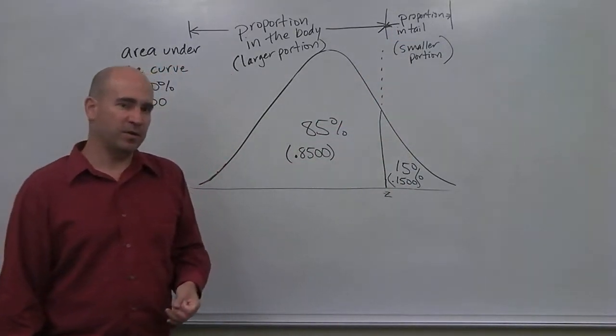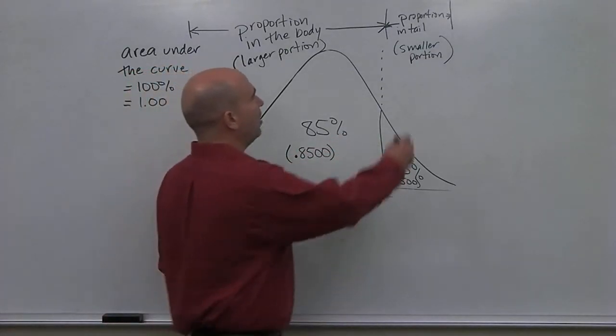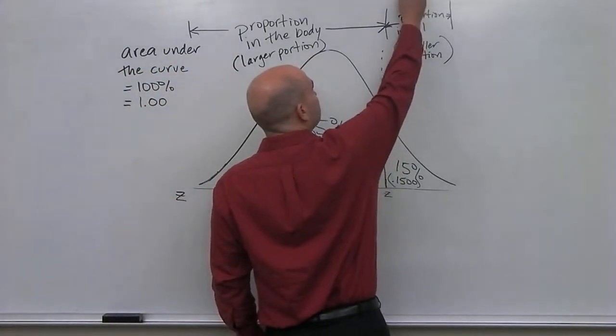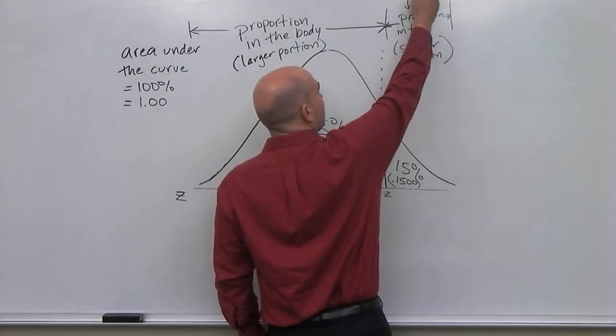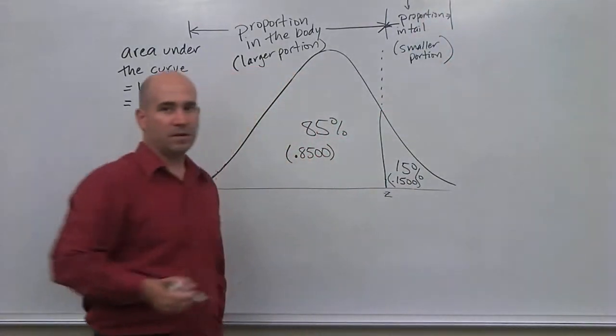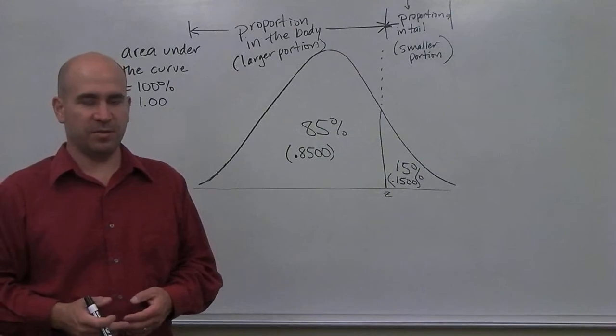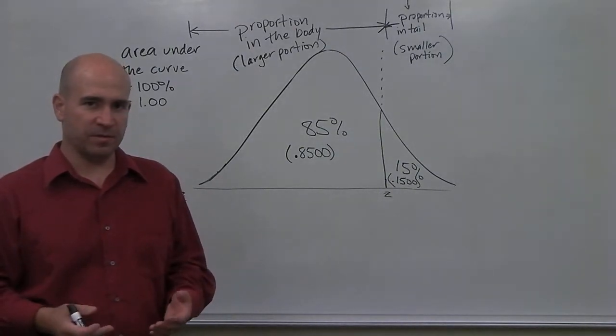Now there's one other thing you can do here. The proportion in the tail is always less than or equal to 0.5000. It's less than or equal to 50% of the distribution, or half of the distribution.